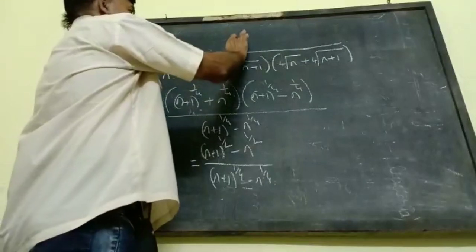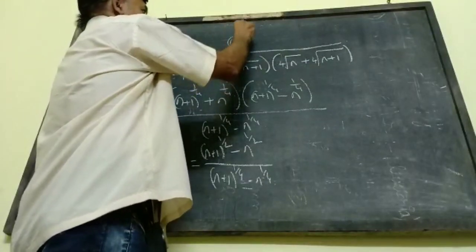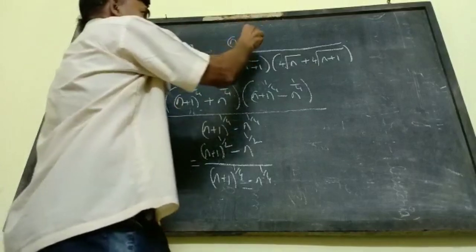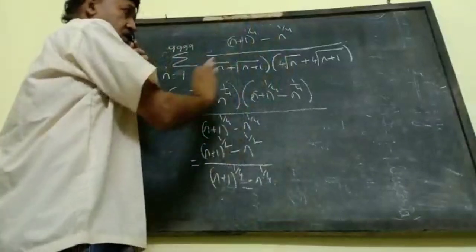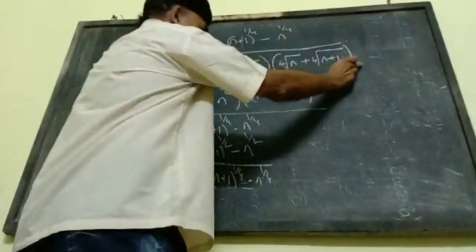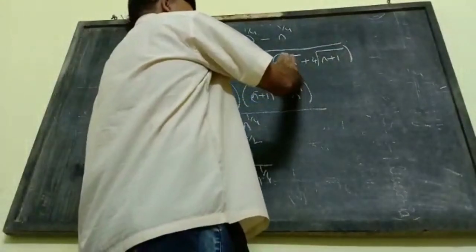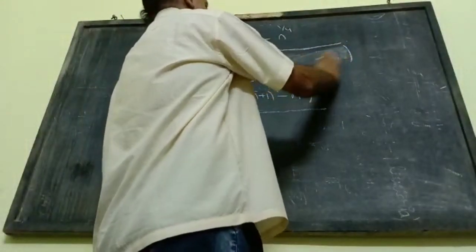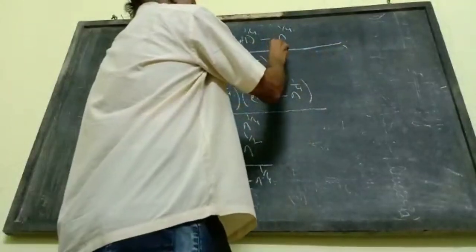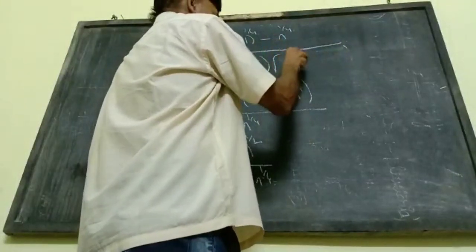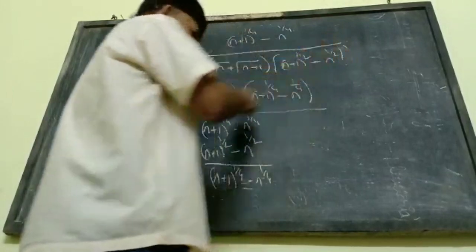So you got like this. So shall I write directly now from here onwards? (n plus 1) whole power 1 by 4 minus n power 1 by 4 I wrote. So when I multiply, I will get (n plus 1) whole power 1 by 2 minus n power 1 by 2.